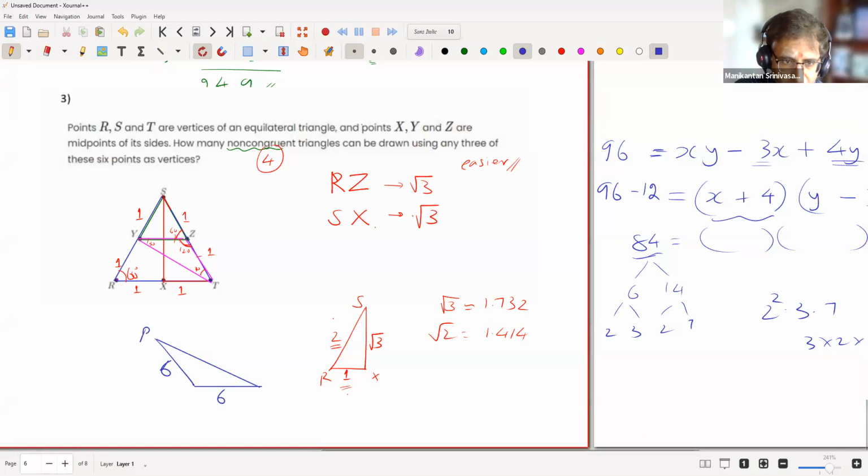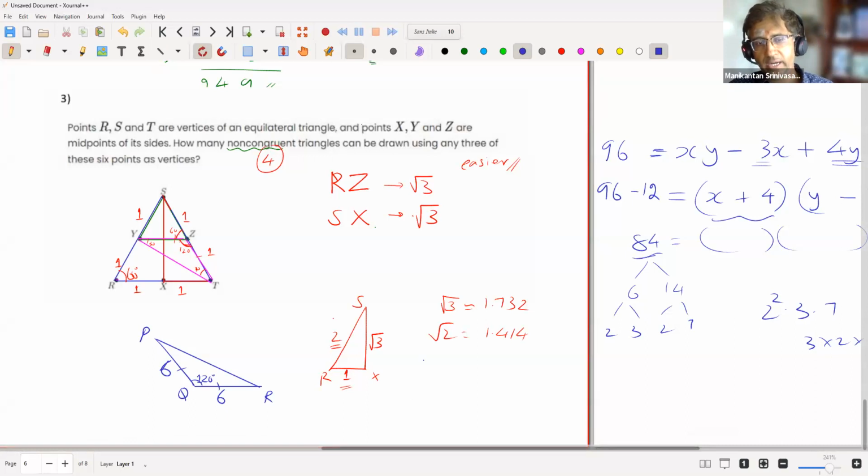This is PQR, and this angle is 120. What is PR? Can you find PR for me? Forget the earlier question. I'm giving a fresh question: a 120 degree isosceles triangle. Find PR.